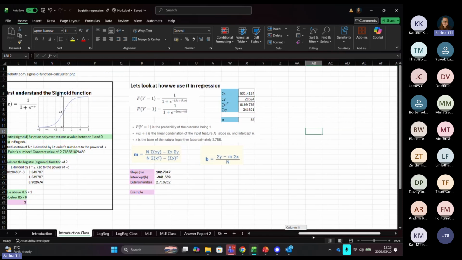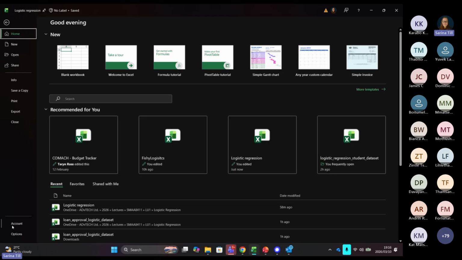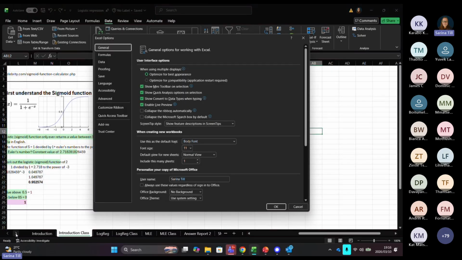So remember, if you click here and you don't see Data Analysis or the Solver, and we're actually going to need both for logistic regression, you're going to click on File. You're going to go to Options. And you're going to click on Add-ins.